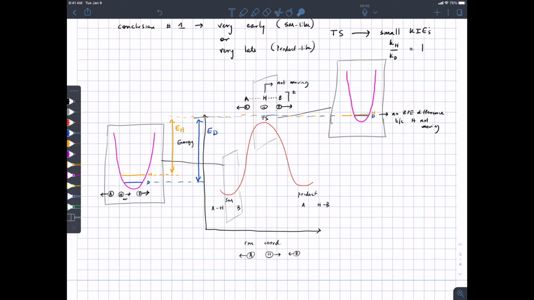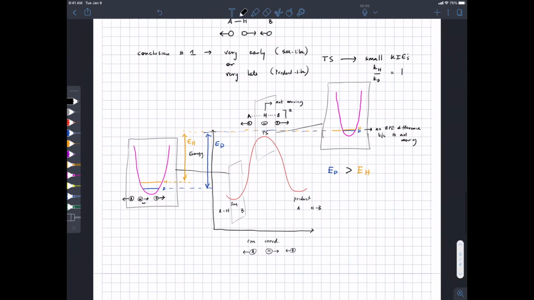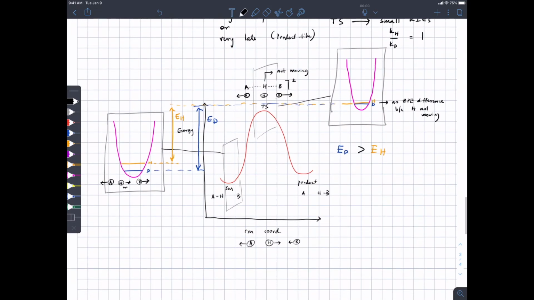What do you notice now about those activation energies? Which one's bigger? Deuterium, right? As we've shown it here, because there's not a big 0 point energy difference in the transition state, activation energy is higher for deuterium than for hydrogen.